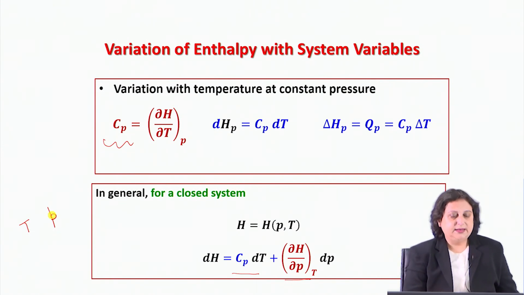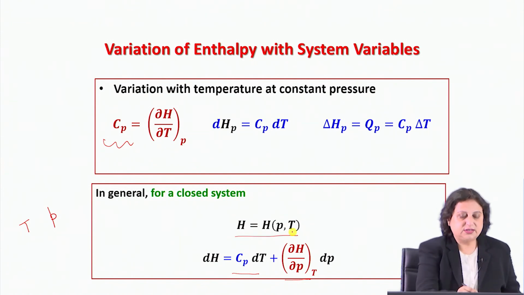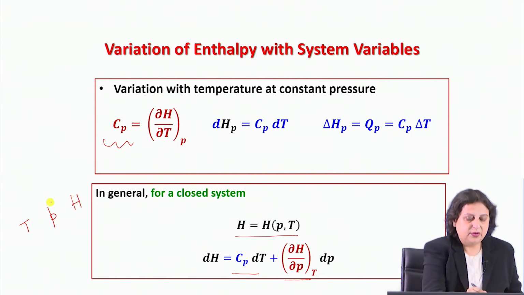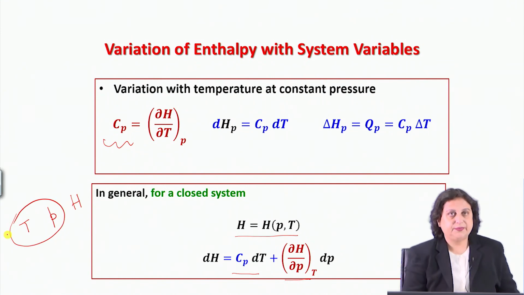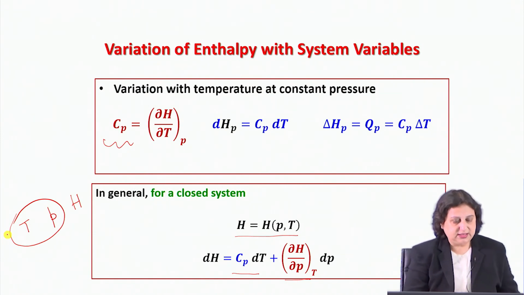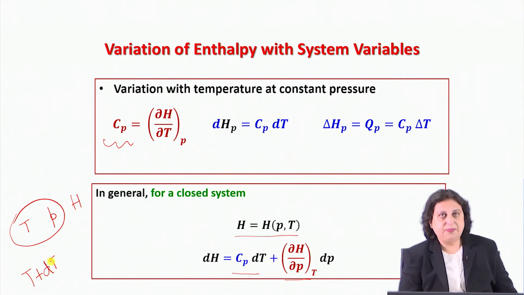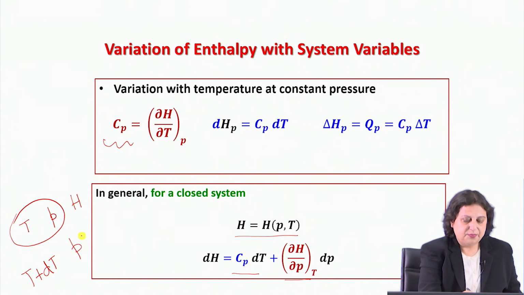Since H depends on T and P, it will have a certain value H for this initial equilibrium state. Now I make the system undergo a change in state, whereby the new equilibrium state is characterized by a temperature T plus dT and P plus dP.